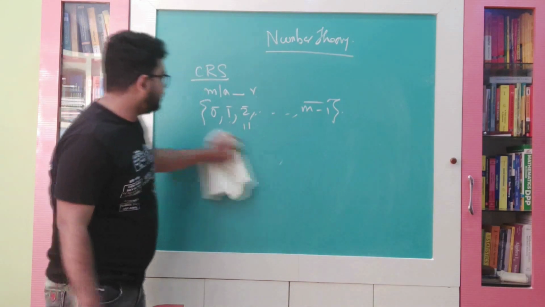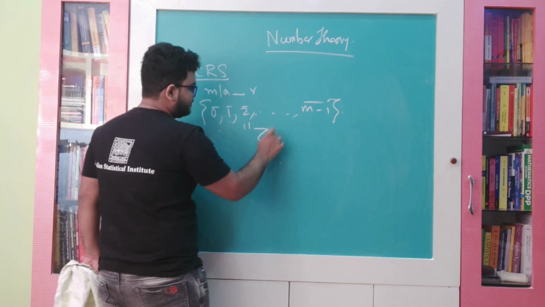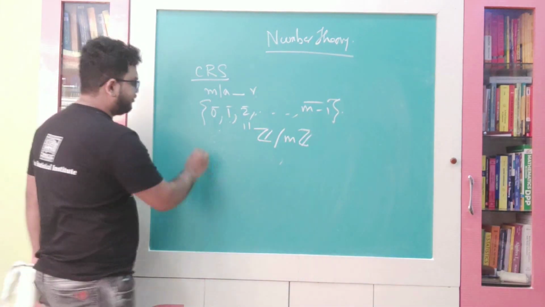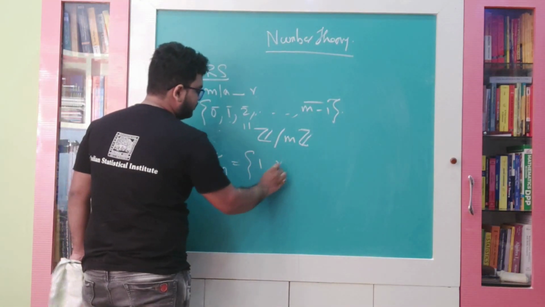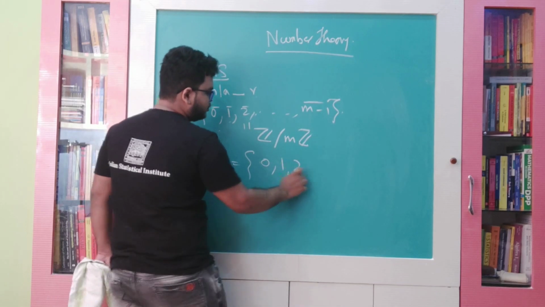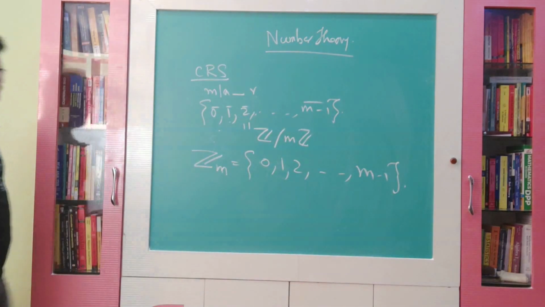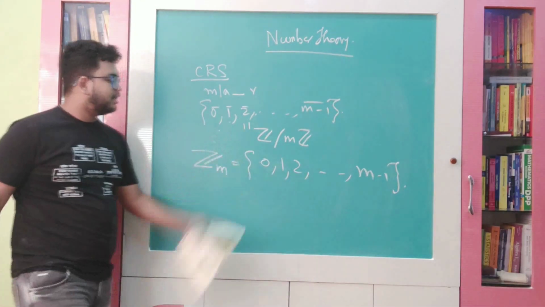Okay. So this set is called Z modulo mZ, and the set of remainders was denoted by Zm, 0, 1, 2, ..., m minus 1. So this is the additive group under plus.